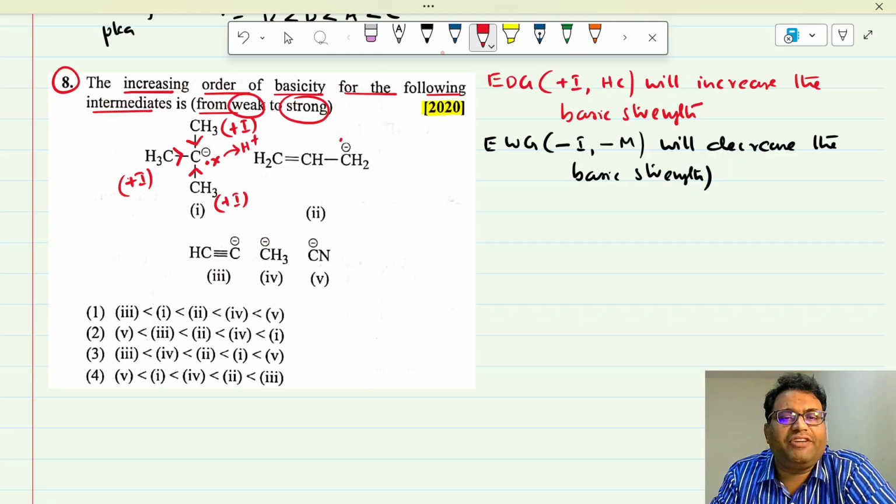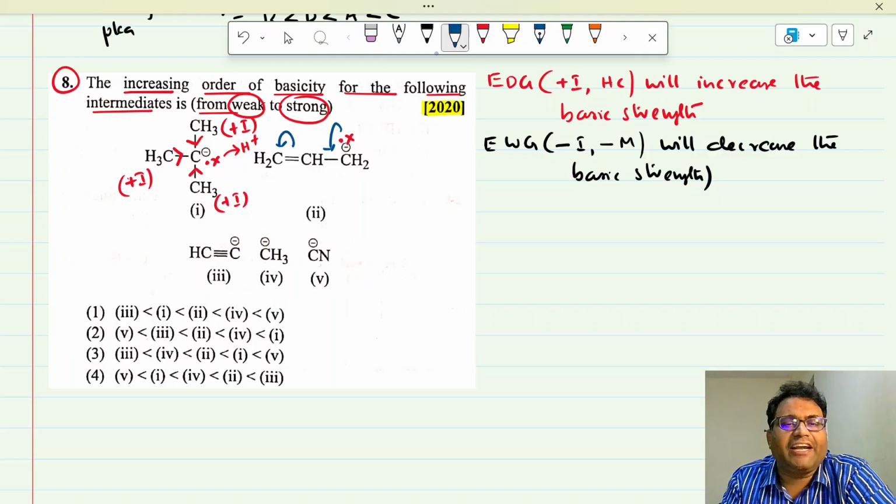Okay. Now let us see here negative charge. Negative charge means already we know that a pair of electrons. Now we have configuration. It is a conjugated system. A double bond B, C has pair of electrons. Now this is a conjugated system. As this is conjugated system, this pair of electrons are involved in resonance.